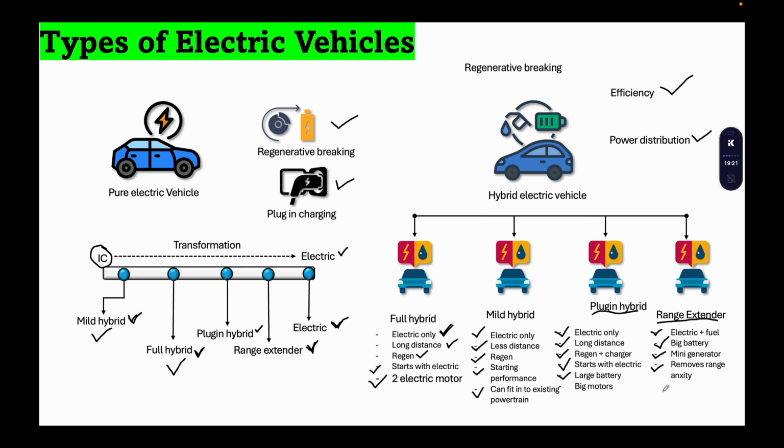We will see in detail, based on the architecture, how the electric and gasoline parts work together, to build a clear concept and give a clear picture. This is just an overview. We will see more details in the coming videos, so that it will give you a good idea on electric vehicles and hybrid electric vehicles.